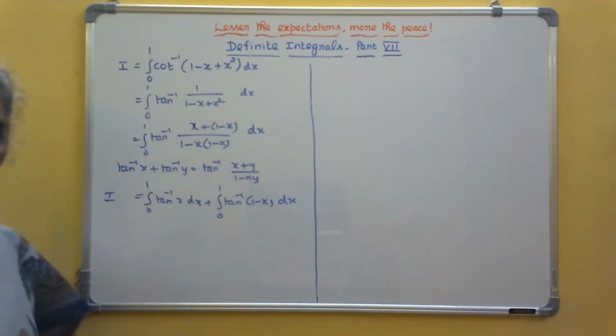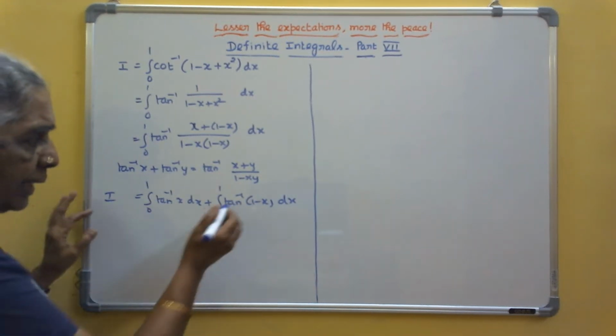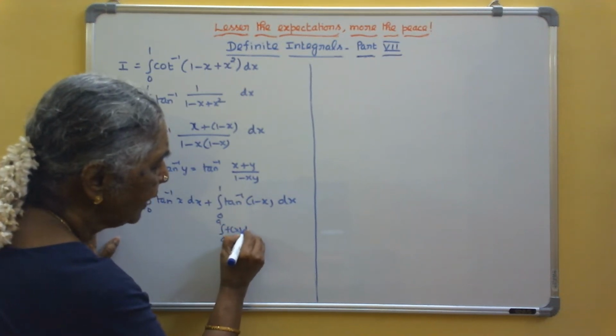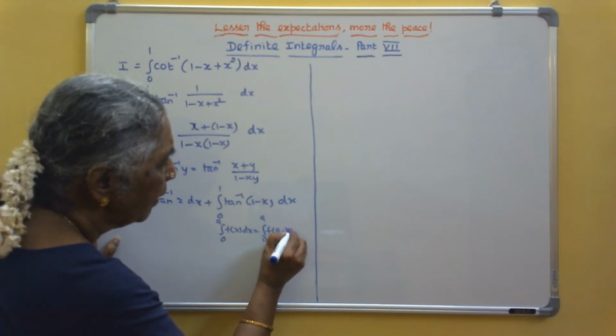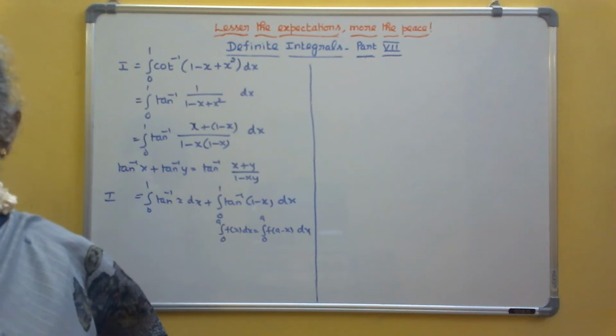Now the first term I will keep as it is. For the second term, I am going to apply the property integral 0 to a f of x dx is equal to integral 0 to a f of (a minus x) dx, for the second integral alone.